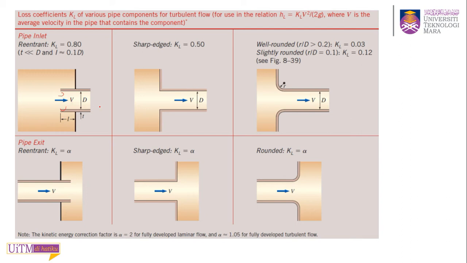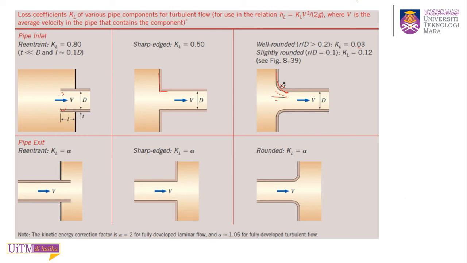And this depends on whether your connection from the reservoir to your pipe is a sharp edge, like this 90 degree, or your edge is rounded, a smooth round. So the flow can go from the reservoir into the pipe smoothly. That's why the loss coefficient for the rounded edge is much smaller compared to the sharp edge. The losses are reduced, minimized.